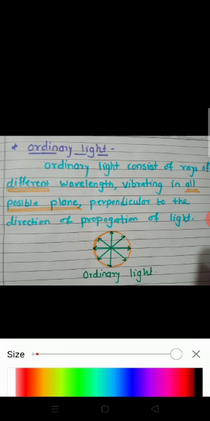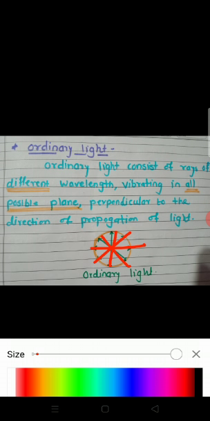See here, this is a source of ordinary light, and this light consists of rays. These are the rays which have the different wavelength and vibrate on all possible plane perpendicular to the direction of propagation of light.